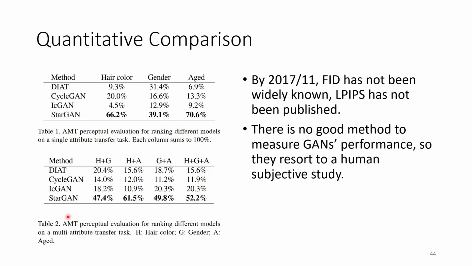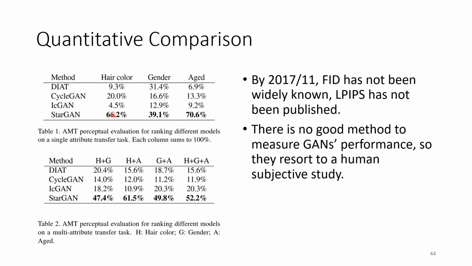So they seek human subjective studies. It means they generate a lot of images, and they ask Turkers from Amazon Mechanical Turk which image do you prefer, and then they collect those data back.